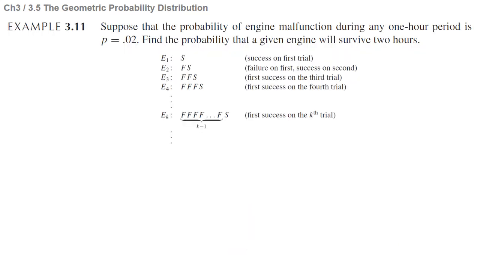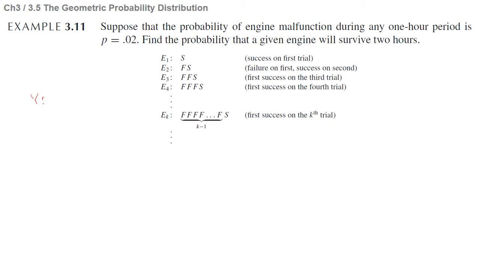Okay, let's look at example 3.11. Suppose that the probability of engine malfunction during any 1 hour period is 0.02. Find the probability that a given engine will survive 2 hours. So what would be the related probability distribution? Here, what would be our Y?